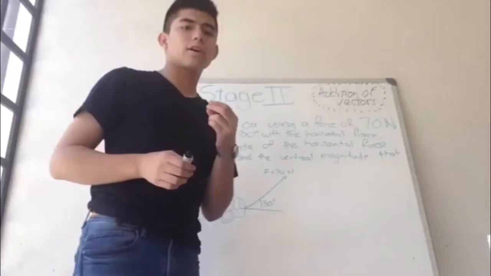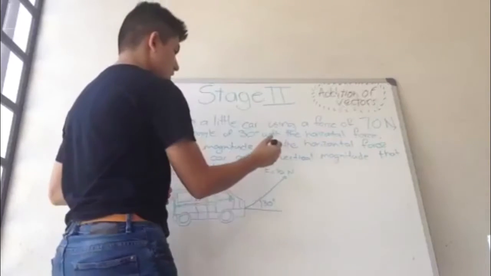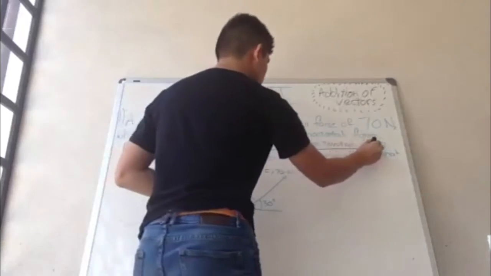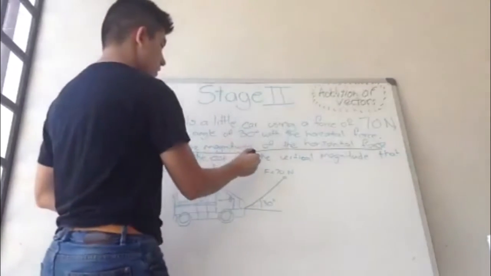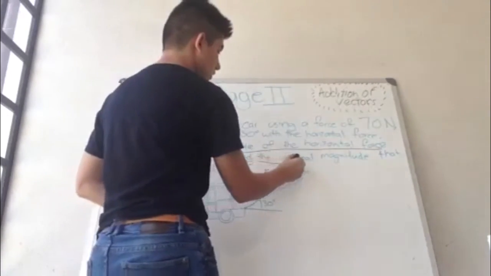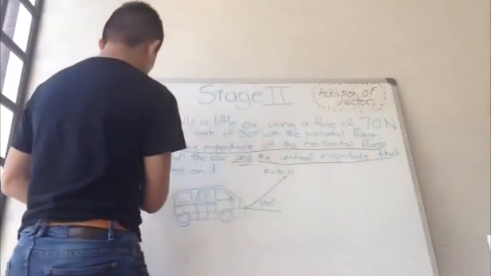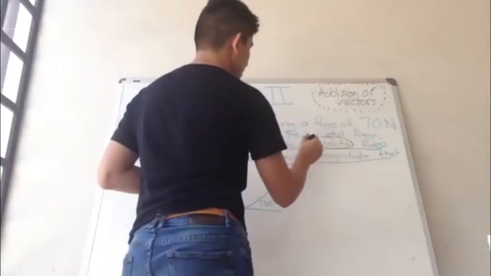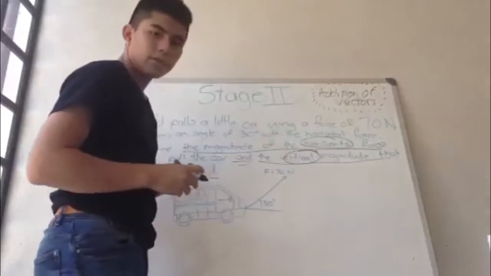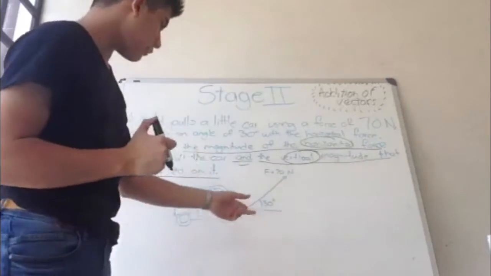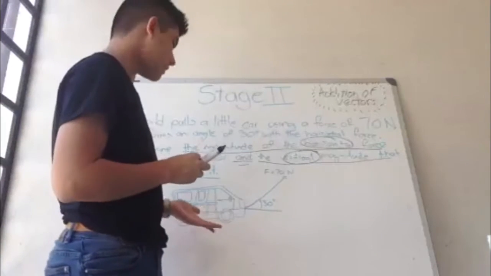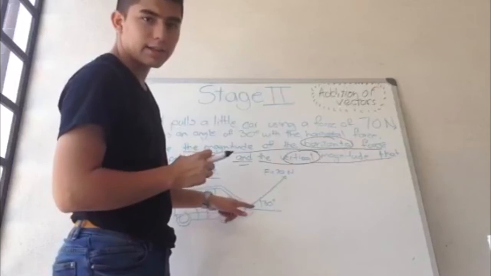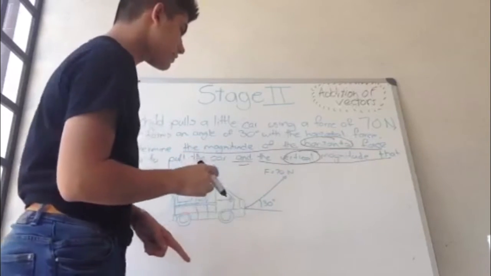So here it is asking us two things: the magnitude of the horizontal force and the vertical magnitude that is applied on it. So it asks us the horizontal and the vertical, right? Here we have the graphical representation, a little car. It's 70 newtons and it's at an angle of 30 degrees, right?